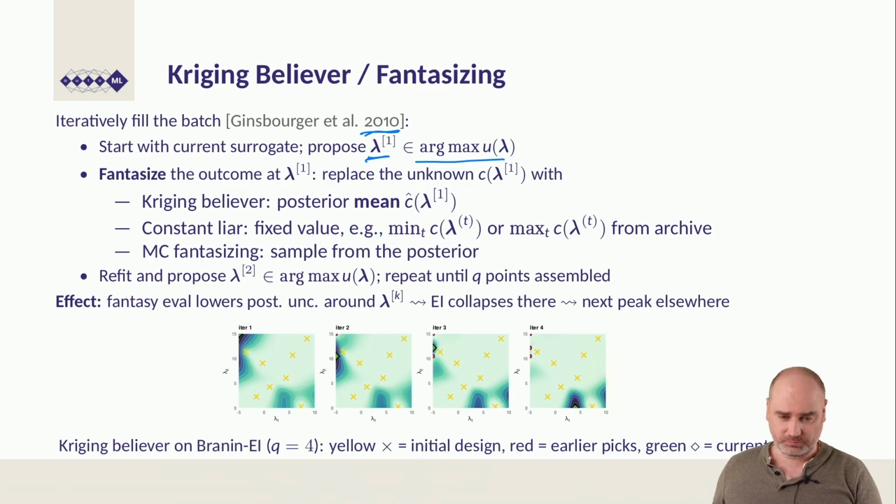What you now do to compute more elements of your batch, where you are avoiding to generate further elements of the batch which are very close to this guy here, is you fantasize an outcome value for this thing.